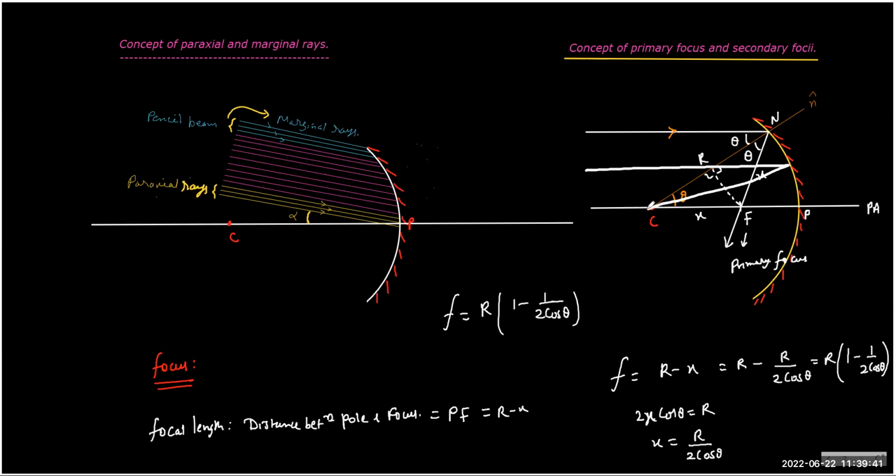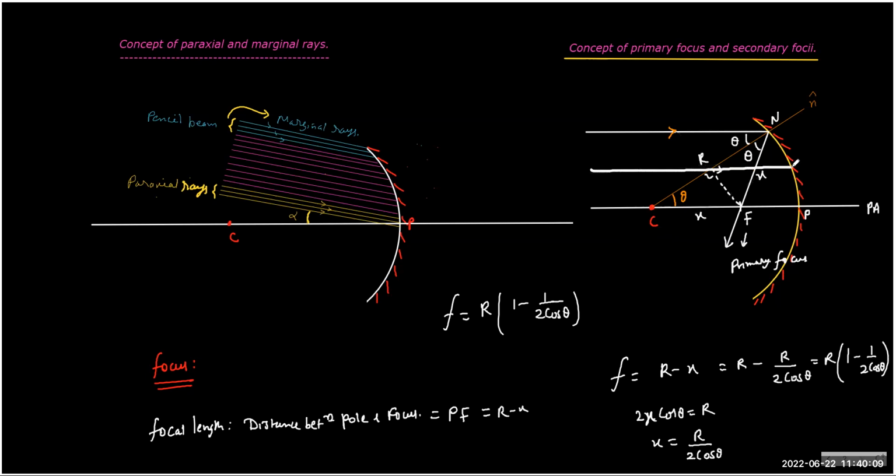Small angle. So the focus will change. If you draw the normal like this, the light ray will go like this. So a small angle means what? The closer you go to the principal axis, the farther will be the focus. Do you realize this?